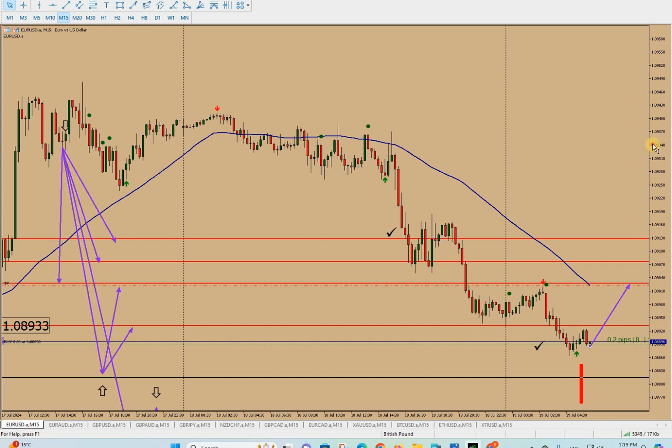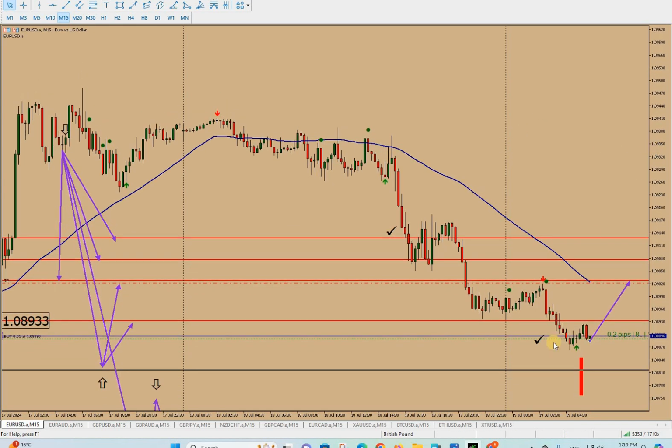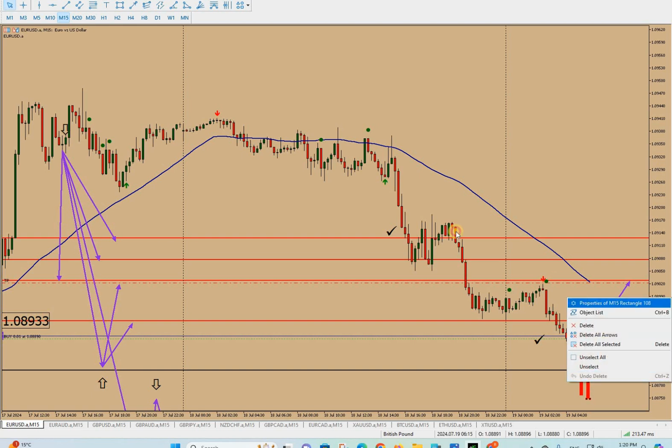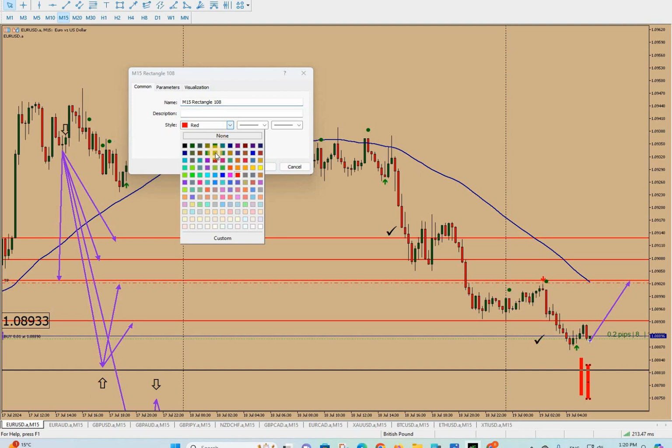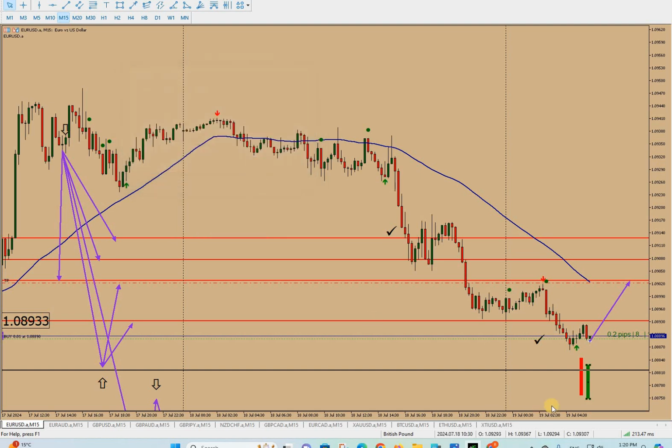But my way of the stop loss is this: I will wait for the second candlestick. There are two scenarios. If the second candlestick, like this one, is still red, immediately I'm going to close the trade at a loss. But if this one is green, I'm not going to close the trade.